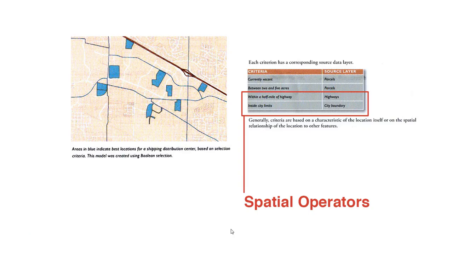And with spatial operators, we oftentimes think of those in terms of proximity. So as soon as we start seeing within a certain distance or inside versus outside, those are definitely spatial operator type of queries.